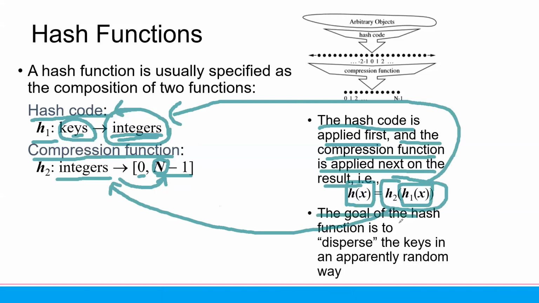The goal of the hash function is to disperse. Disperse means we want to assign keys to random values, which maybe we know or maybe we do not know. If you learn this hash function, this is the basis of Bitcoin and blockchain.